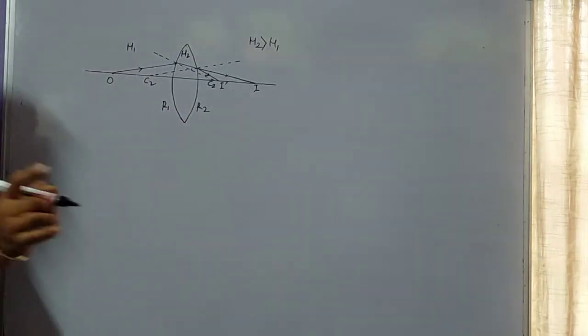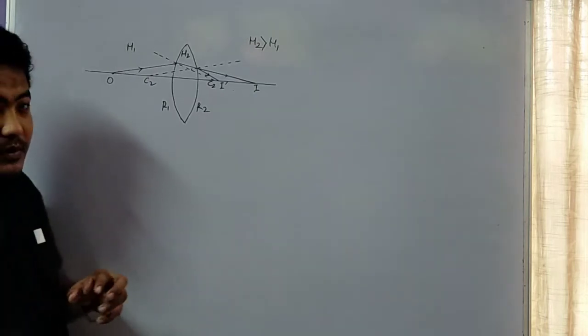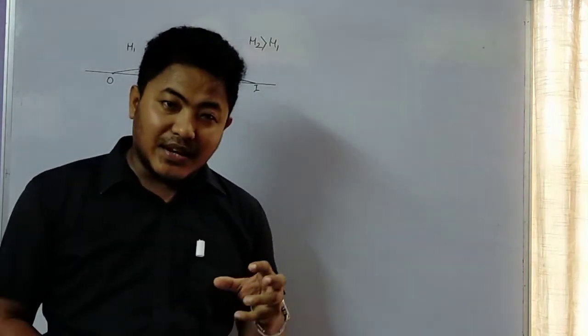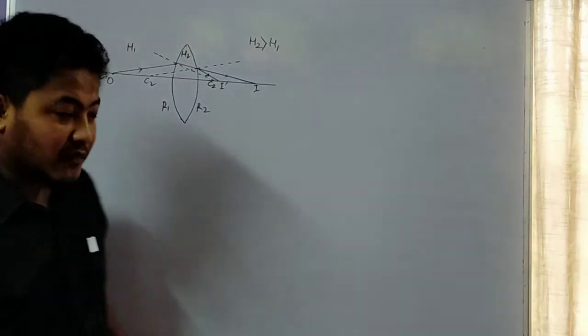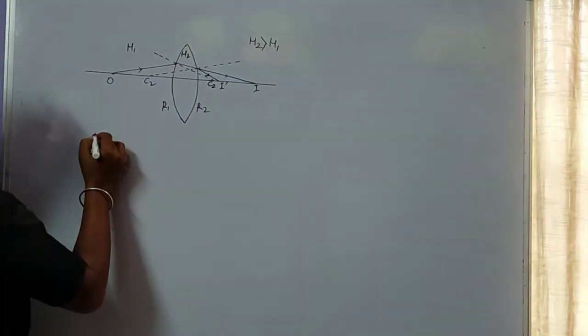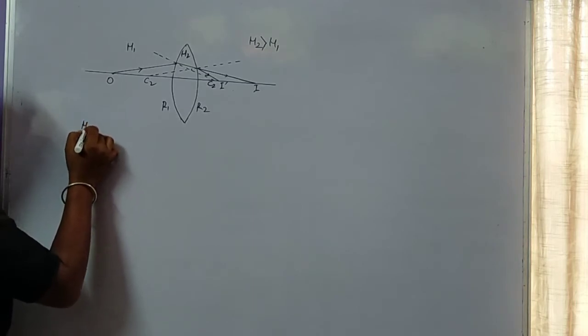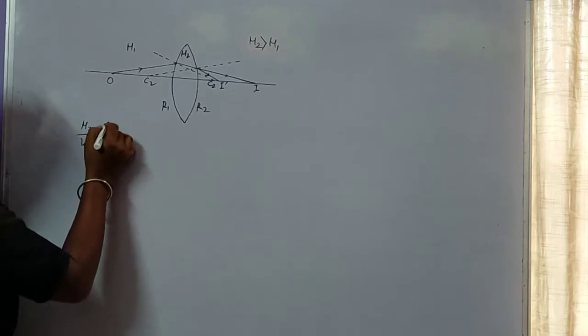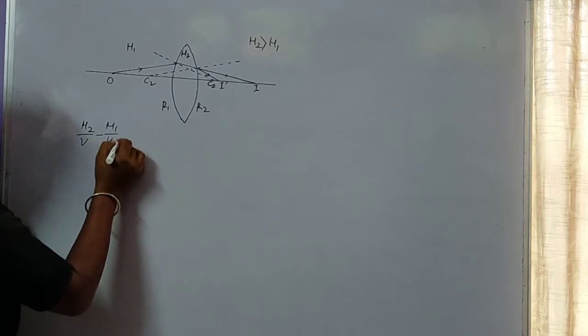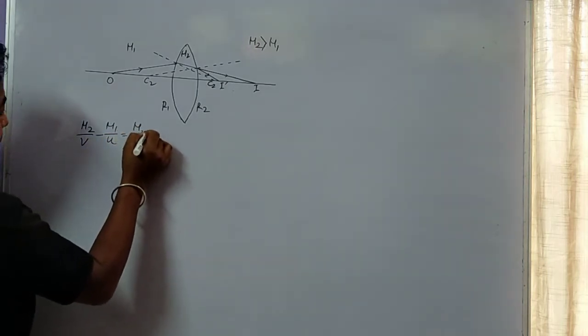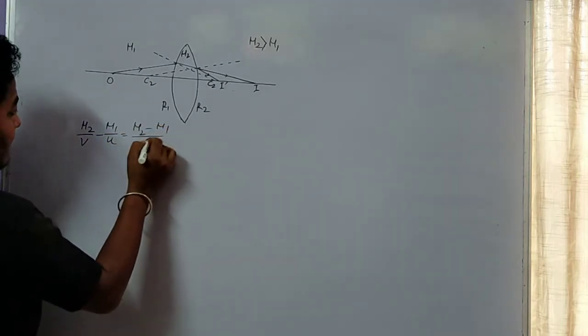Now we know the refraction at a spherical surface. What was it? Refraction at a spherical surface was mu2 by v minus mu1 by u is equal to mu2 minus mu1 by r.